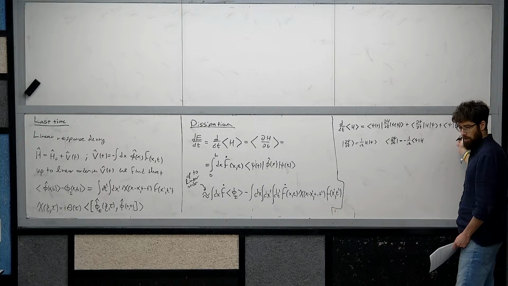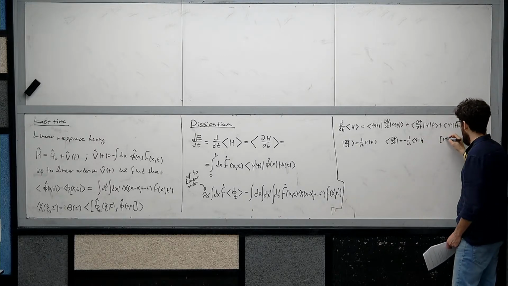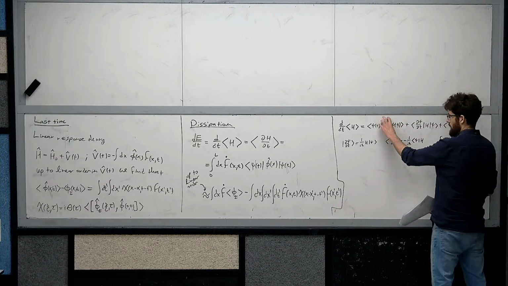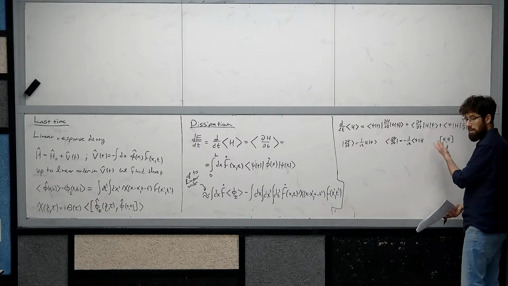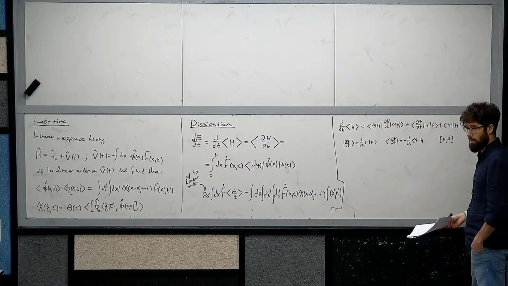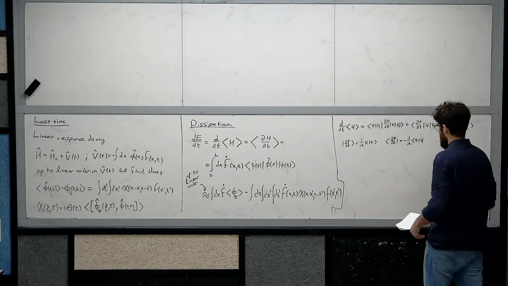But this is exactly just another way of writing what Oz was saying last time, that the non-direct time dependence of an operator comes from its commutation relation with the Hamiltonian, and in this case the Hamiltonian doesn't generate its own dynamics. So that's that.